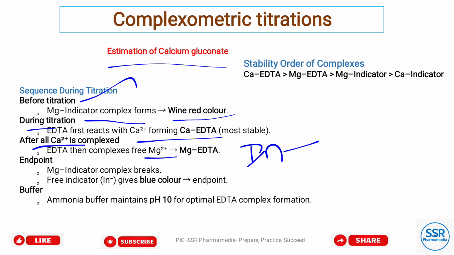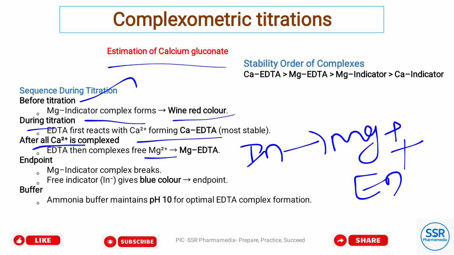That means the indicator starts to release the magnesium ion, then this magnesium ion reacts with the EDTA. At the end point, the magnesium indicator complexes break, so all magnesium indicator complexes break and then there is free indicator alone. That free indicator color is blue at the end point.